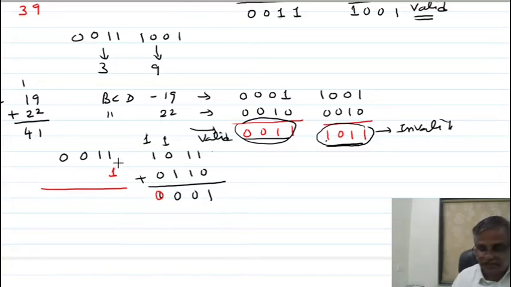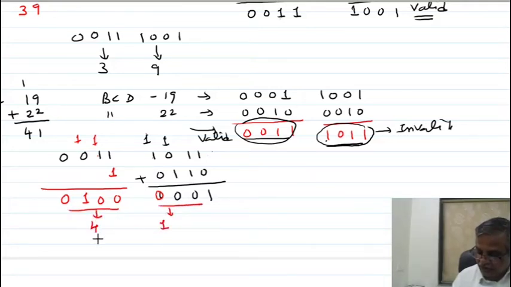The carries are taken to the next number. 1 plus 1 is 0, carries 1. This is 1, 0. So this is your correct answer, 4, and this is 1, so it is 41.